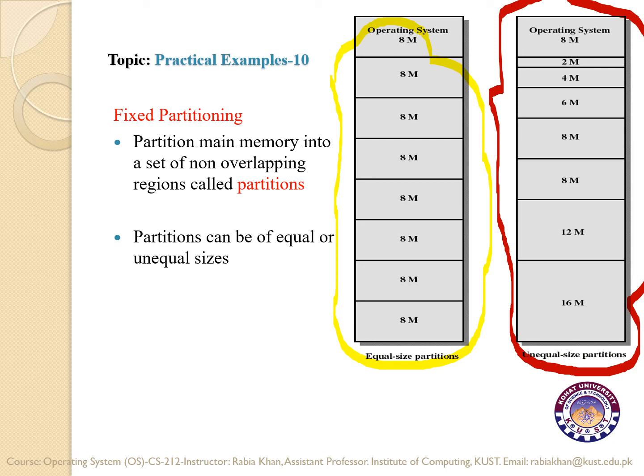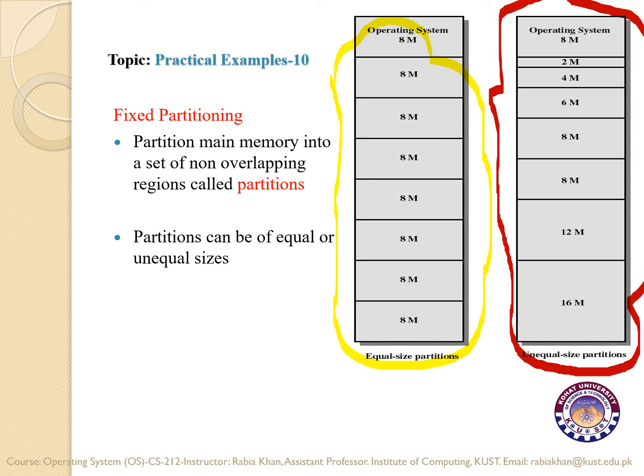In the figure you can see equal blocks of 8 MB slots each, with the 8 MB at the top being occupied by the kernel. Kernel is a part of the operating system, while the rest of the slots are of equal sizes and are available for user tasks.